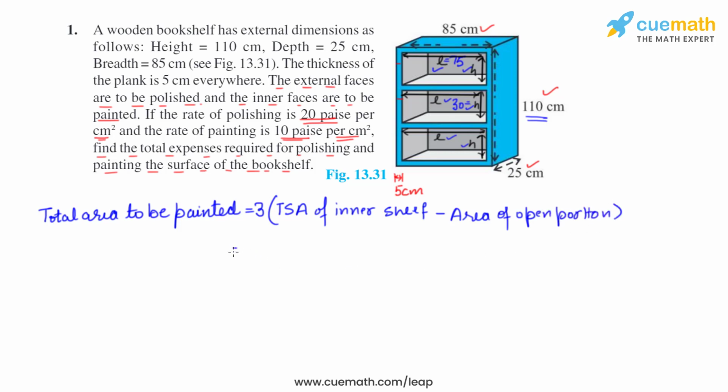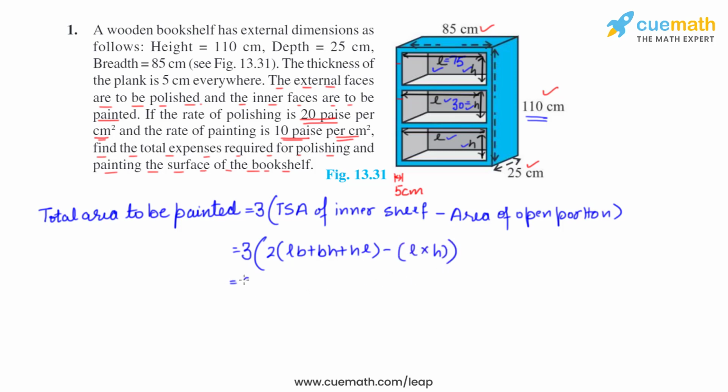So this comes out to be 3 into total surface area, which will be 2 into (LB plus BH plus HL), minus the open portion, which are again the rectangular portions. It means length into height.